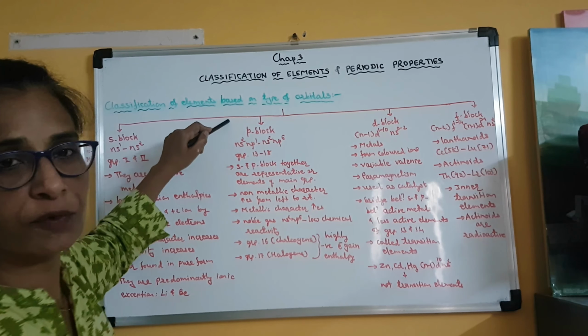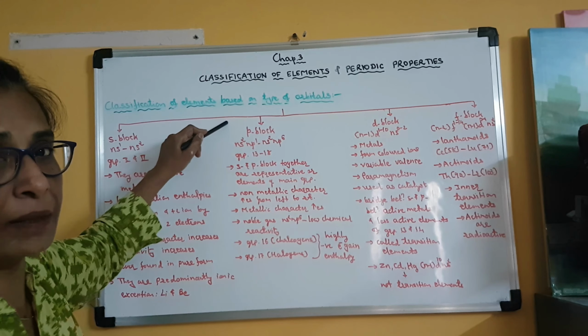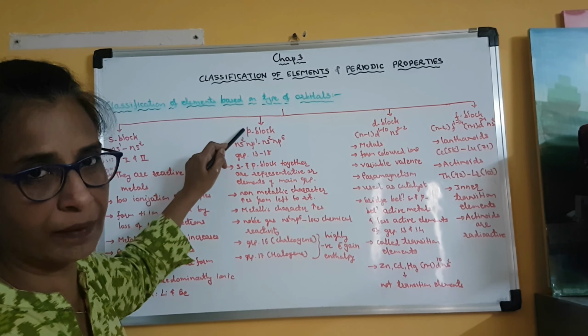Second type of orbital we have studied is a p orbital. So all elements in which the last electron is present in p orbital are called p block elements.